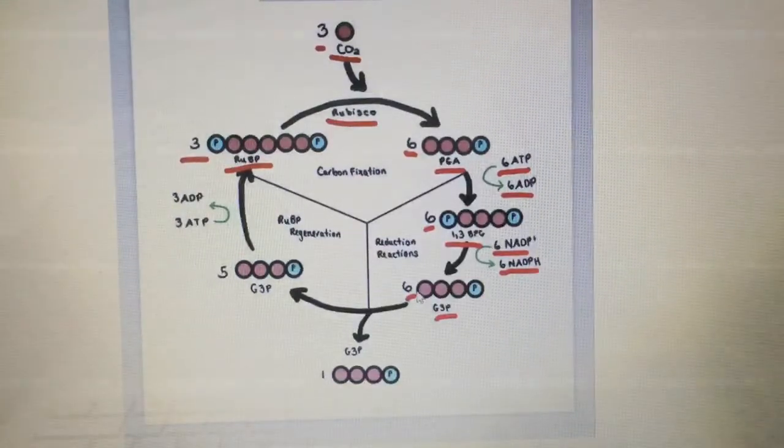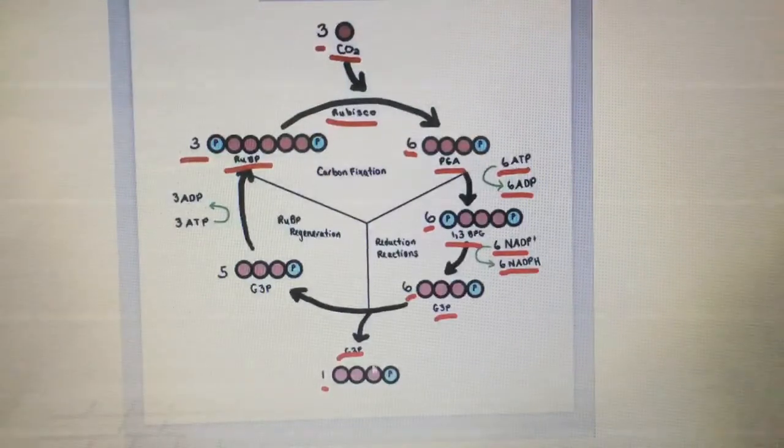Of these 6 molecules of G3P, 1 molecule of G3P will be removed as output. This is to form glucose, and the glucose will then be used by the plant.